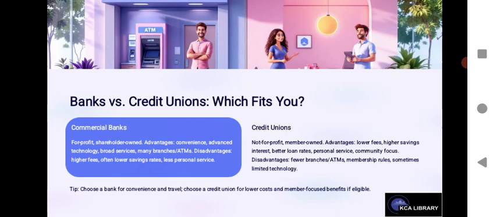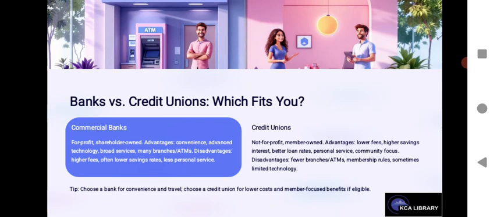They also earn interest from loans they give to borrowers. Banks also earn money by offering investment and financial services for a fee. Because profit is the priority of commercial banks, they focus on efficiency, technology, and services that attract many customers.